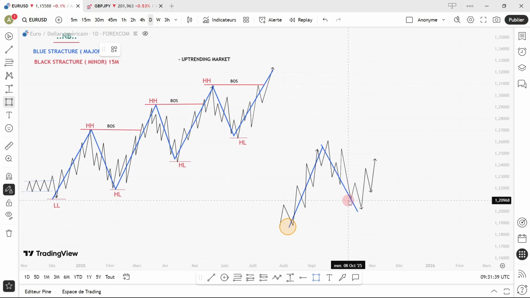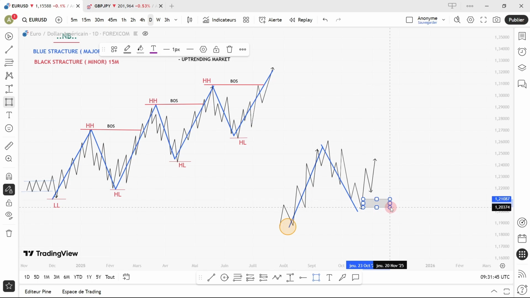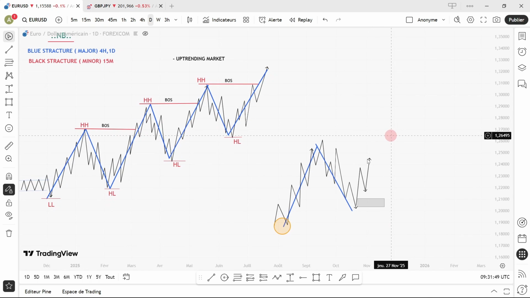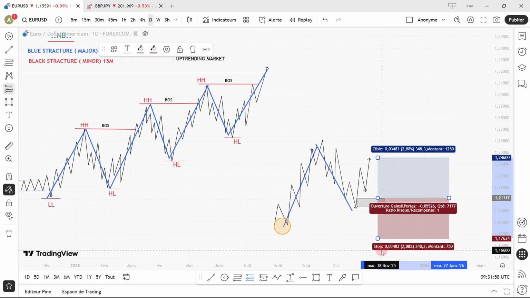You get a shift as usual, then you mark your lower time frame point of interest, because it is going to be your entry. So you're going to position yourself like this. This is a very high probability setup, as simple as this.